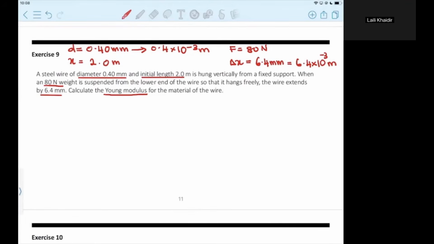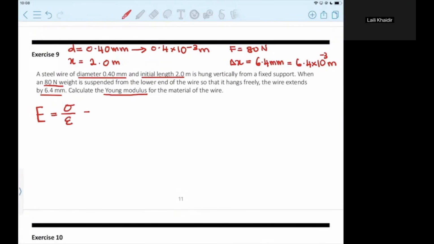So let's try to calculate the Young modulus. What is Young modulus? Young modulus is the stiffness of the material, right? The material here is a wire. So Young modulus is stress over strain.